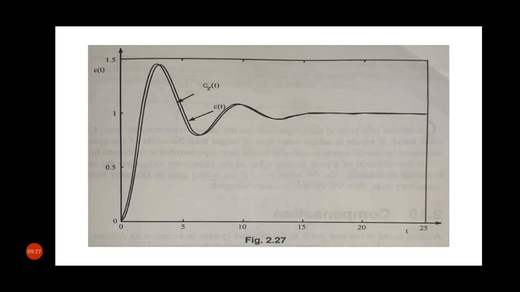So it has effect on transient response. If we add 0 close to the origin, then it produces large effect on transient response. But if we add 0 away from the origin, then it produces negligible effect on transient response. Therefore we can say selecting the 0 near the origin will avoid large overshoot.